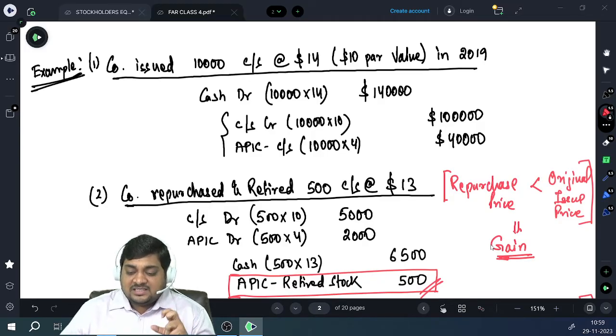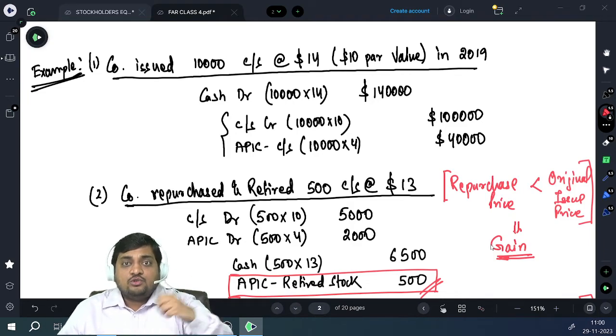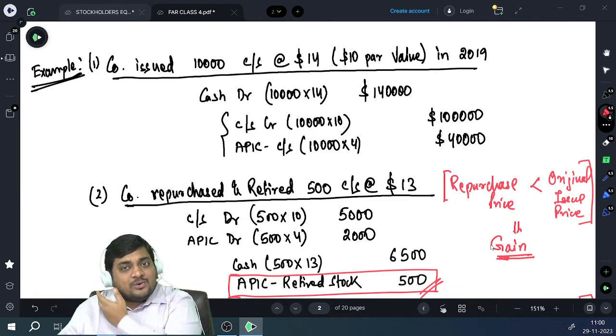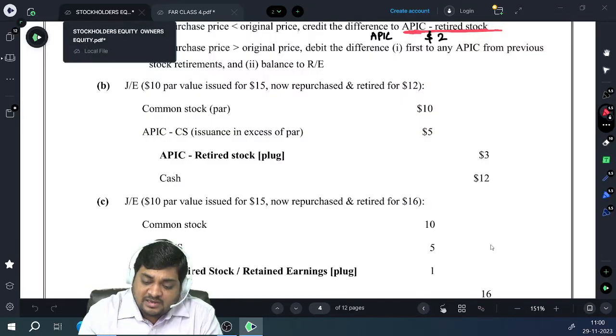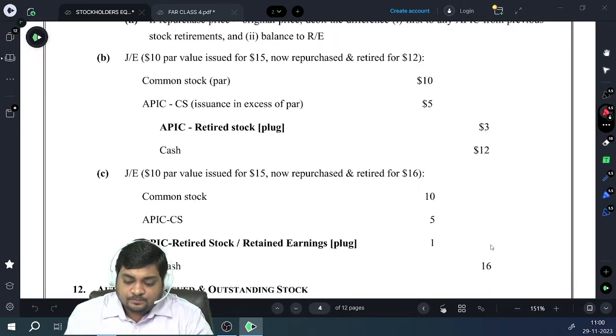Now the difference is a gain: you create additional paid in capital retired stock. And if it is a loss, then if you already have additional paid in capital retired stock, you use that. If you don't have it, then you straight away use retained earnings, right? So this is quite simple, right? And in our notes also it has been explained, so you can go through that, no problem, right?